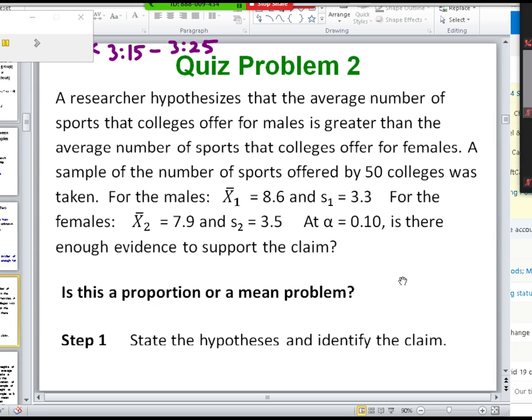So you're going to get the male sports from all 50 of those colleges, and the number of female sports from all 50 of those colleges. You're going to get both. So your N1 and your N2 are both going to be 50. All right, so I'm going to send you off and give you guys, let's say, 13 minutes to work.